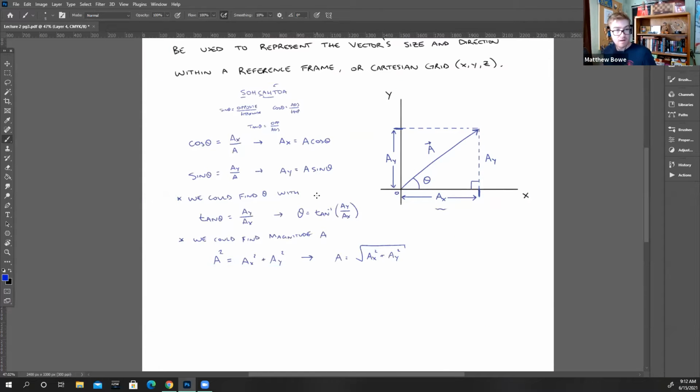Okay. The last little bit for today is, now that we have these components, we have a way to find the x components of a vector. We can find the y component of a vector. Now, what if we have more than one vector though? We have maybe two.